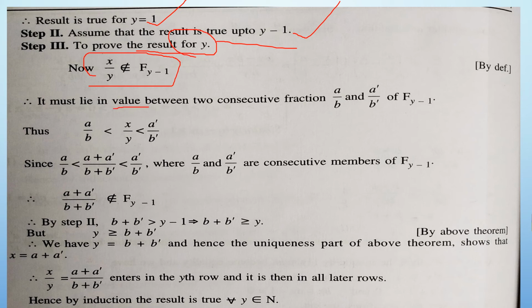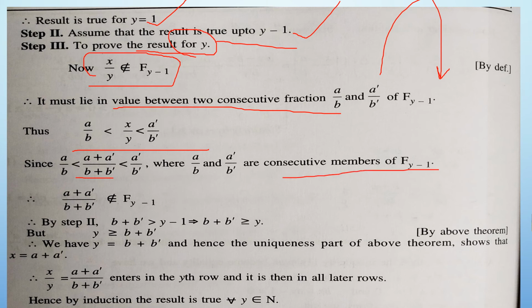Let us take two consecutive terms a upon b and a dash upon b dash belonging to the F(y minus 1) sequence. Now we can insert a fraction x over y between them. Okay, if x over y lies between them, then we know that the mediant also lies between these consecutive terms of F(y minus 1). Therefore, since these are consecutive terms, this does not belong to F(y minus 1).